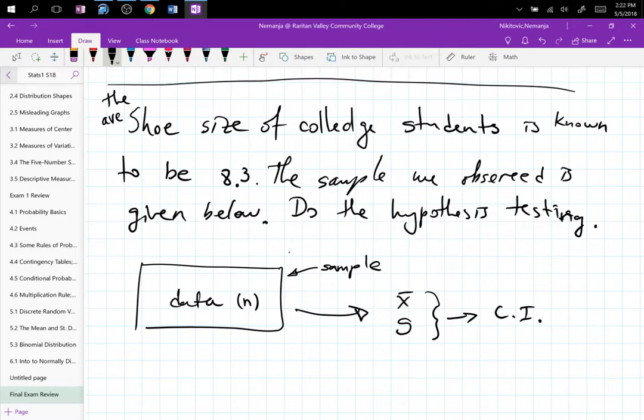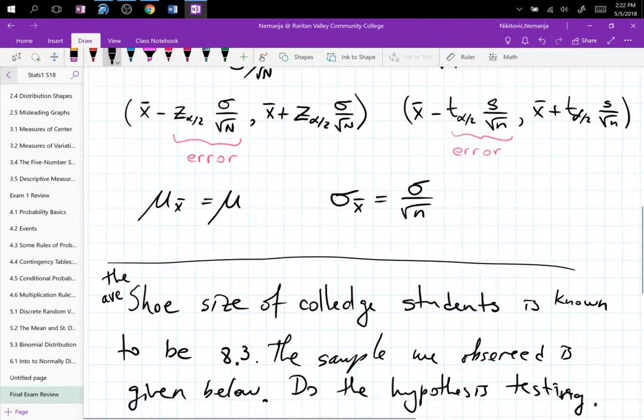So there are differences. And which one you're using, 9.4 or 9.5, is not a blind guess. You have to go into the word problem and figure out whether they gave you the standard deviation. If they gave you the standard deviation, then it's 9.4. If they didn't give you the standard deviation, then it's 9.5. Remember what the formula for the t-statistic is.